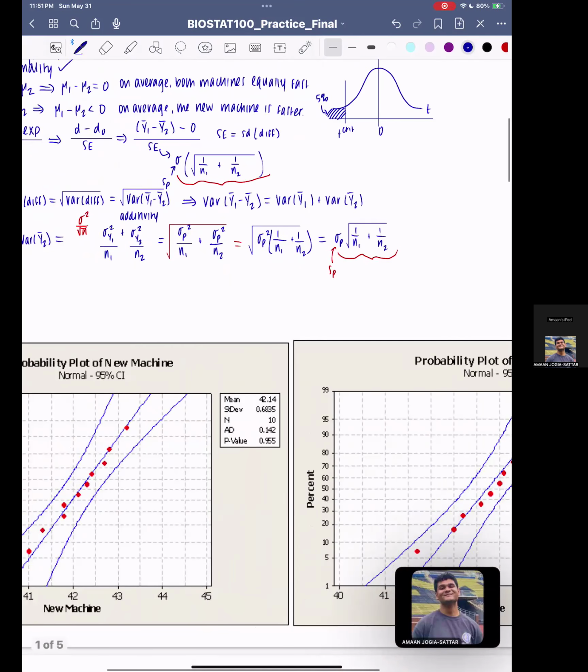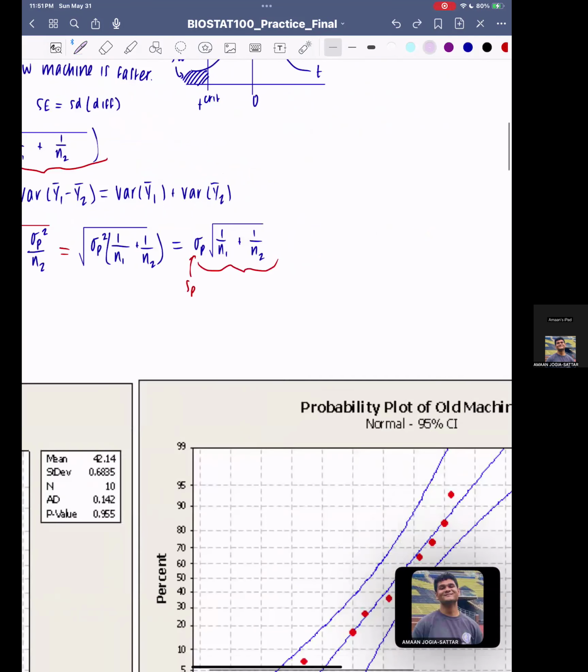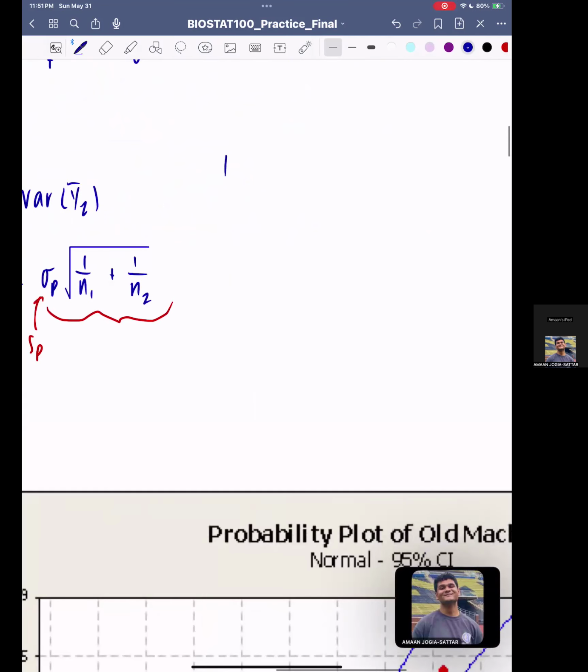Our test statistic, going back to here, we have that T star equals Y1 bar minus Y2 bar divided by our pooled standard deviation times the square root of 1 over n1 plus 1 over n2, right?